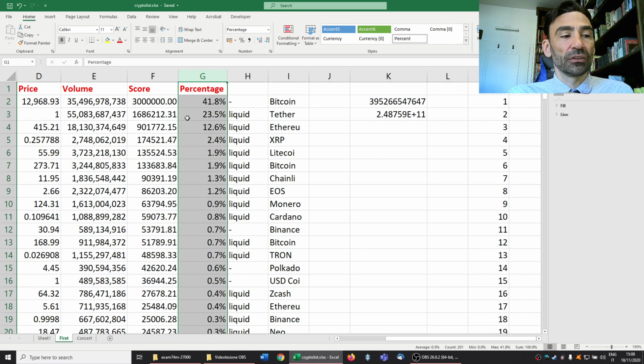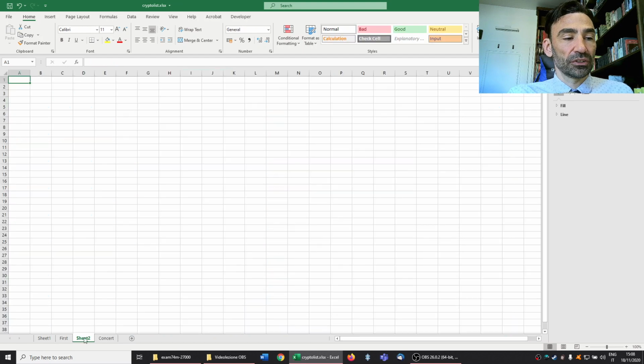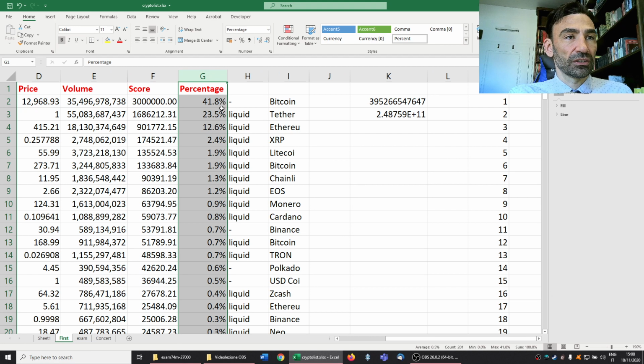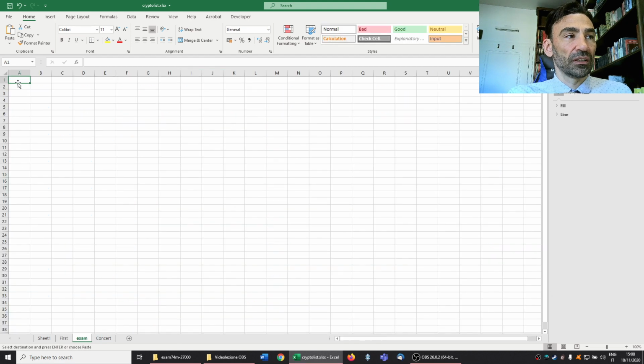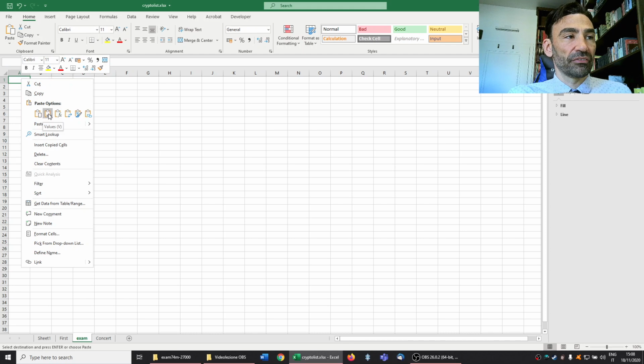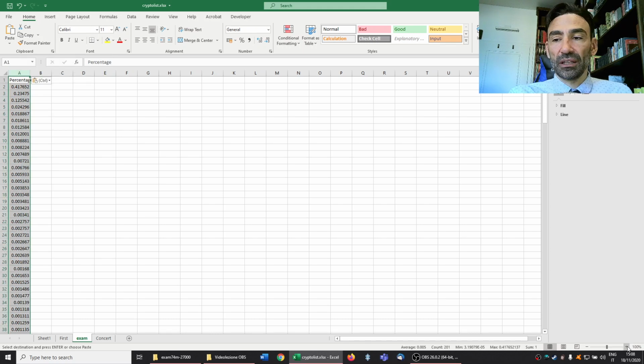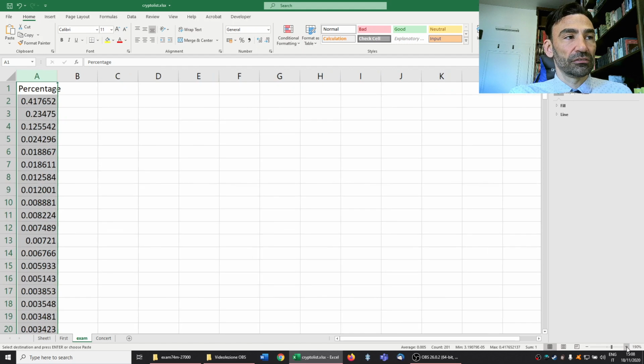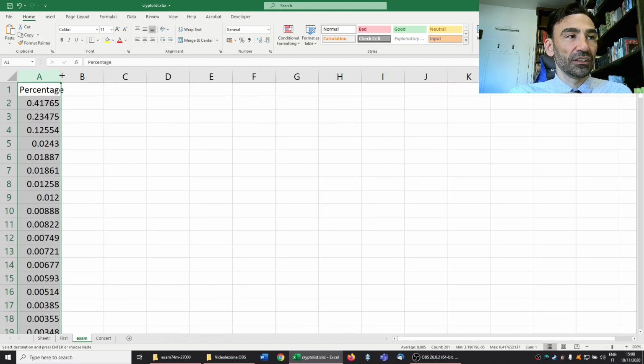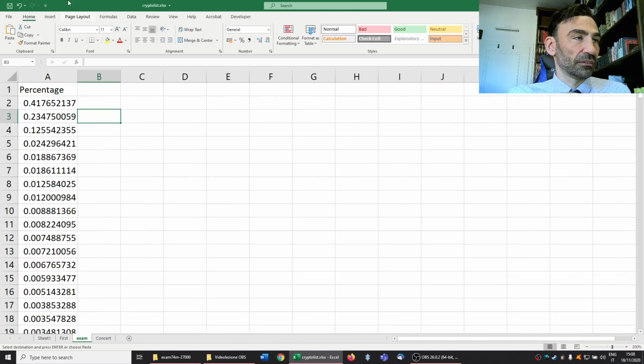So first of all, let's create the new sheet, call it exam. I go back to sheet first, I copy, and then into the new sheet I paste values. Make it larger for the people with a small screen. Save.